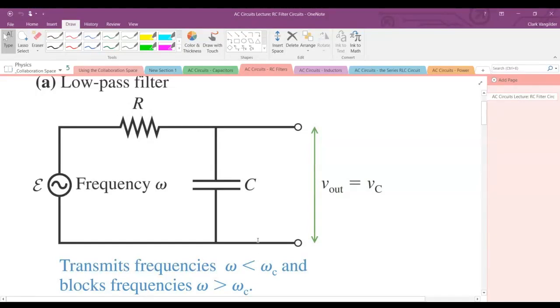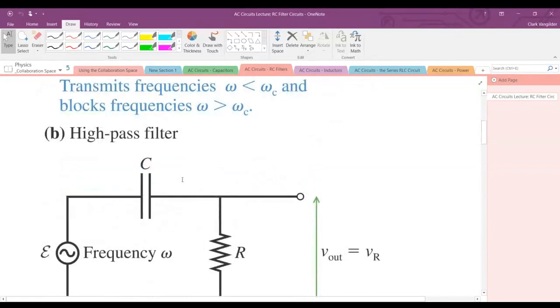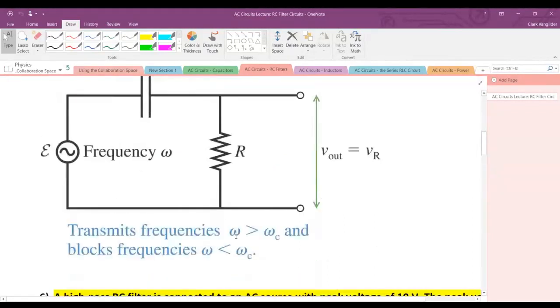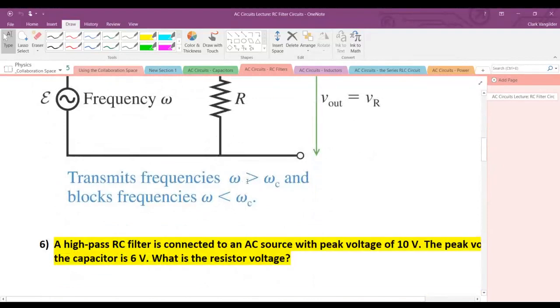Hence the filter. These are just terminals for measuring voltage. And then a high pass is switching the order. The resistance follows the capacitance, and you get the exact complementary behavior. So there's a lot to say about high and low pass filters.